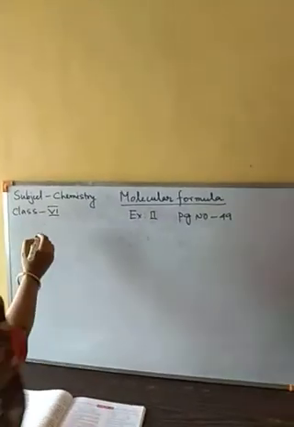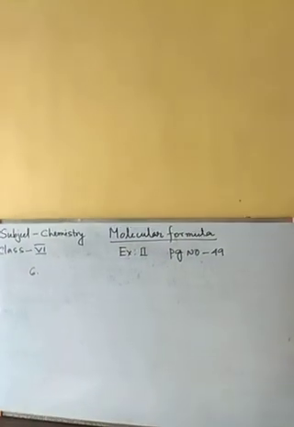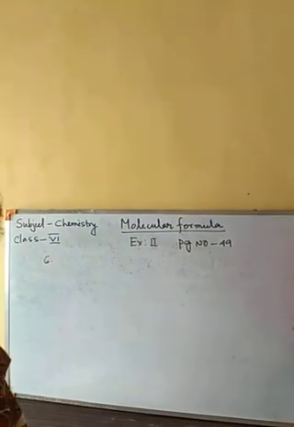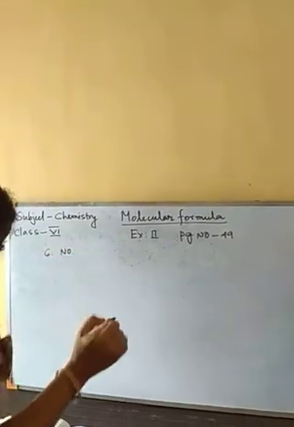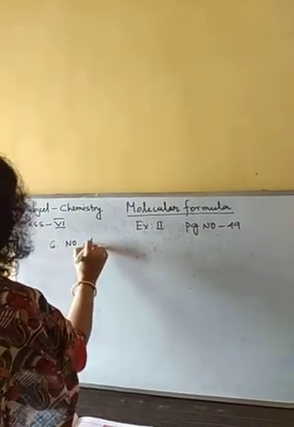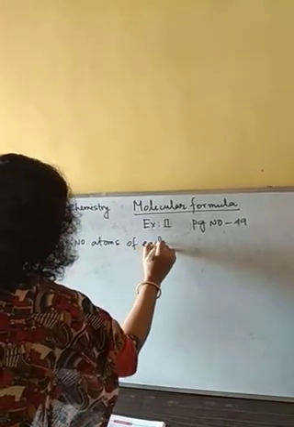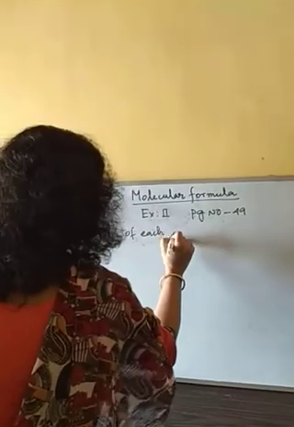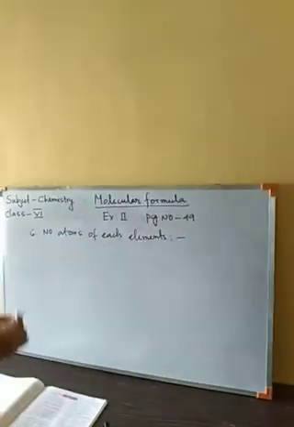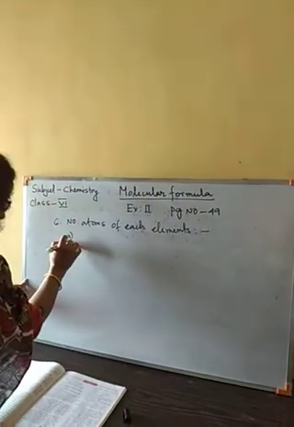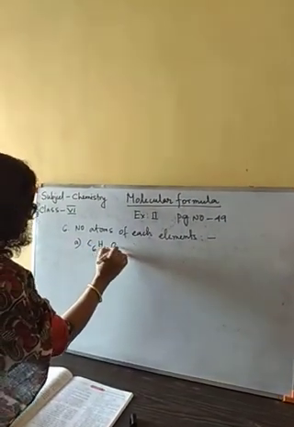Next we have question number 6, that is, state the number of atoms of each element present in glucose. Number A, we have C6H12O6.